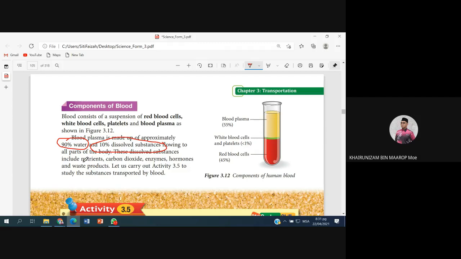There are nutrients, carbon dioxide, enzymes, hormones, and waste products. That is in blood plasma. For red blood cells, this is a red color because of the presence of hemoglobin.